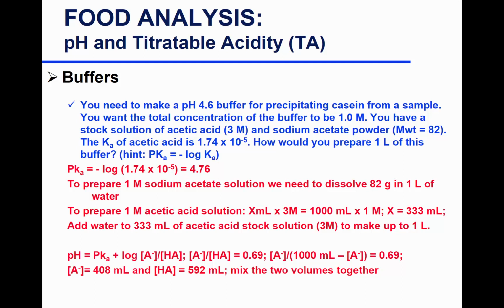So now you have 1 liter of sodium acetate and 1 liter of acetic acid that both are at 1 molar. Now how much of this do I want to mix with how much of that? Then I'm solving for volume in this case. How many milliliters of sodium acetate do I need to add to how many milliliters of acetic acid solution to get to 1 liter of 1 molar concentration?